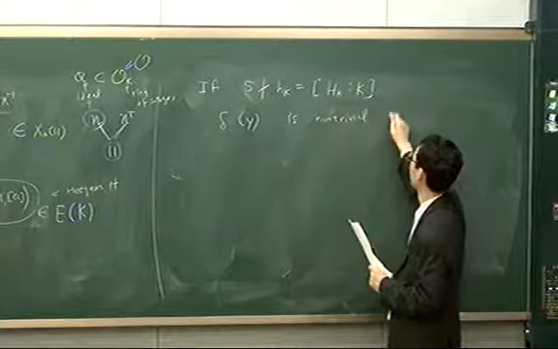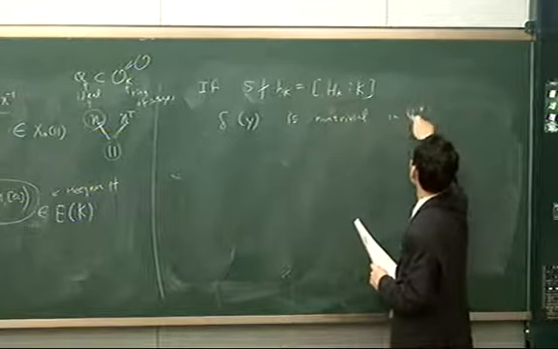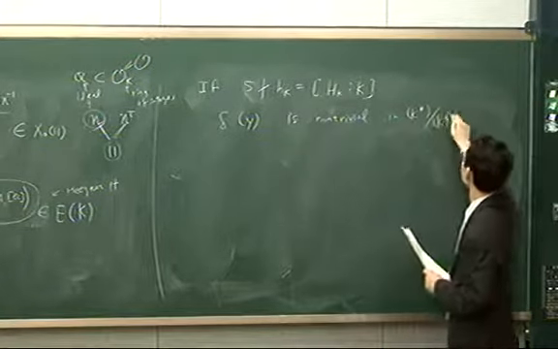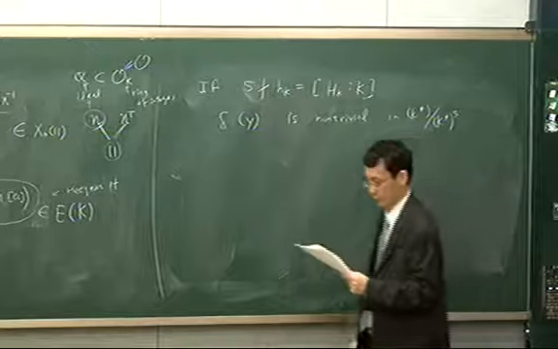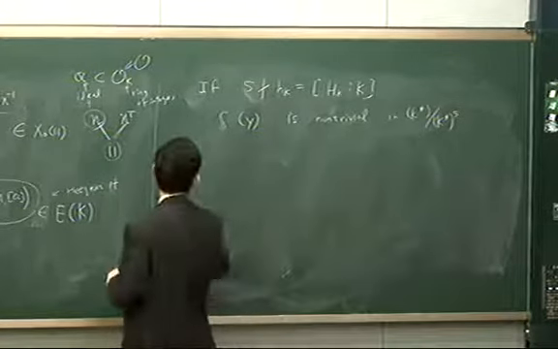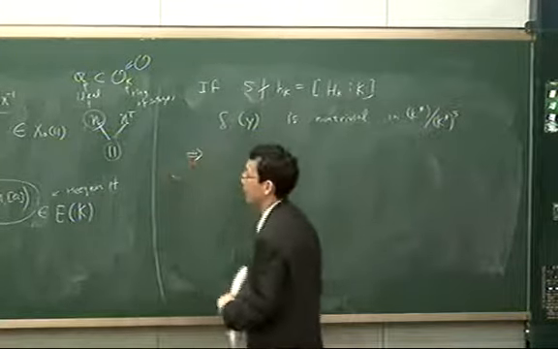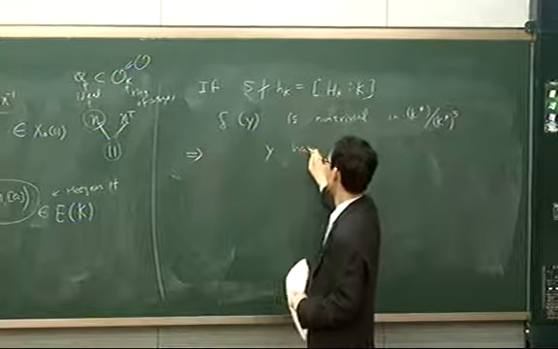Delta of y is non-trivial in K star over K star to the fifth. Then this implies that y has an infinite order.